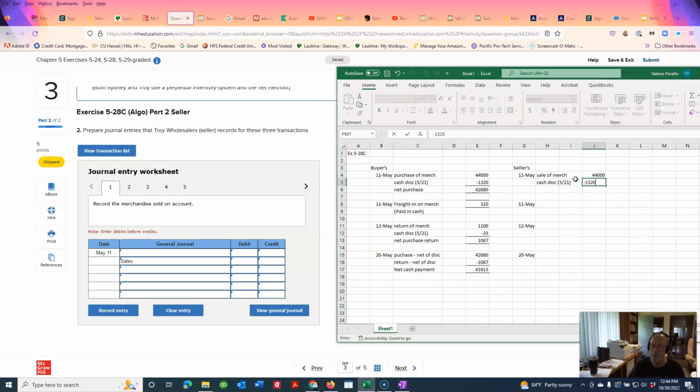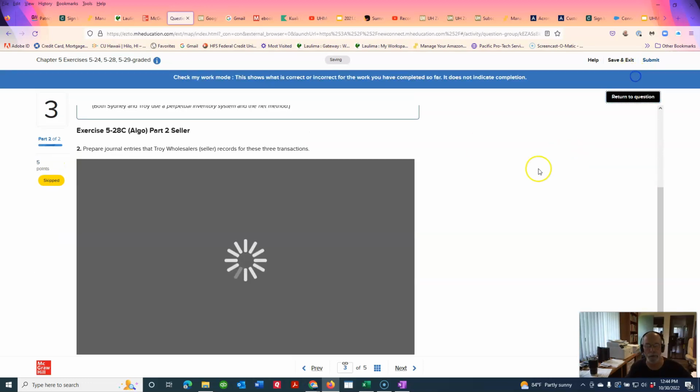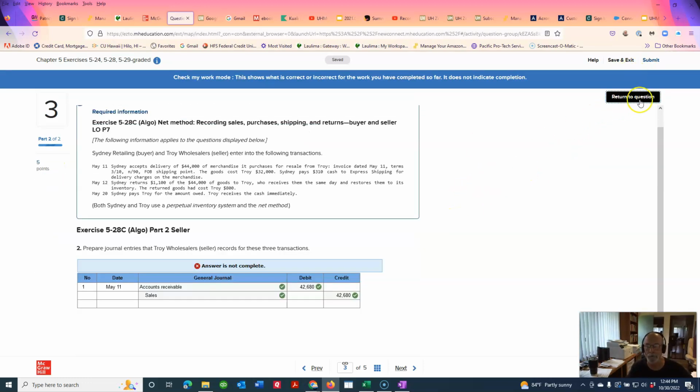So we subtract out the discount, and the difference is our net sale, which is the same amount, 42,680. And since this sale is on credit on the seller's books, we will debit the asset accounts receivable and offset by a credit to sales of 42,680, and we want to check that we're on the right track here, and we are.